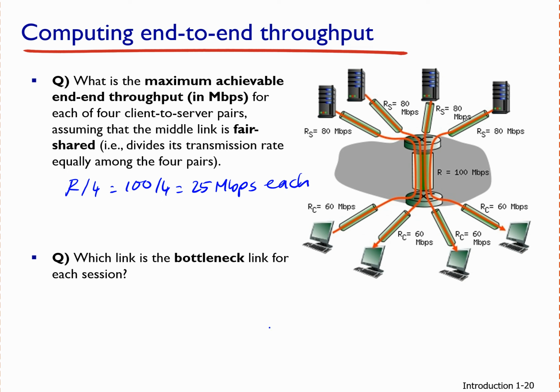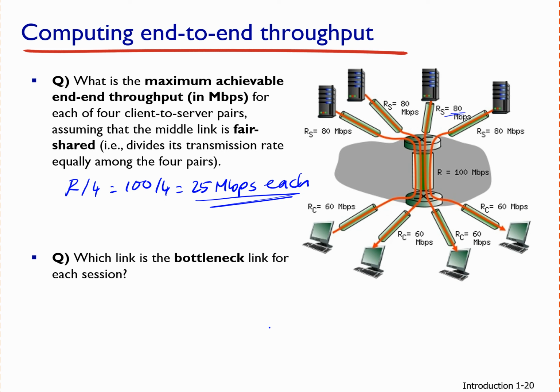So each of these links will go through at 25 megabit per second. So the maximum achievable end-to-end throughput. Remember, the achievable throughput is simply that you need to send the packets without losing traffic. Look at this here.